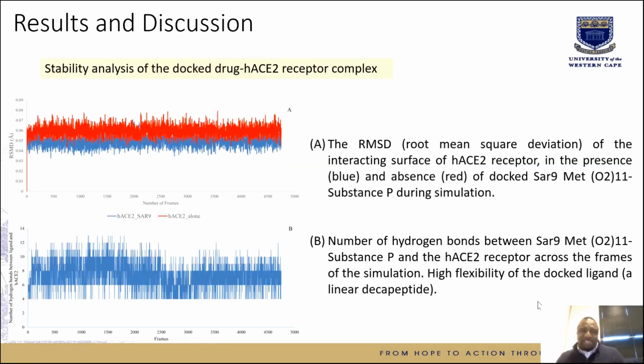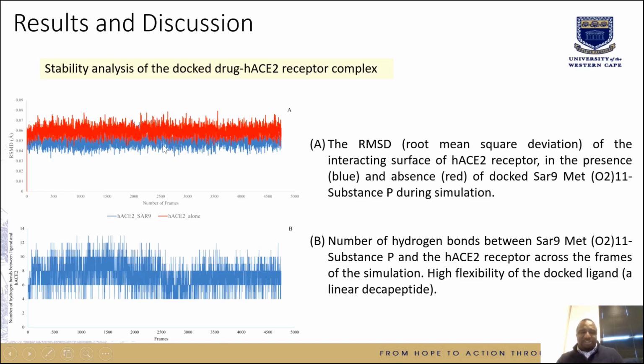So assessing the stability of that docked drug on HACE2, we ran a molecular dynamics simulation, and what we observe, if you look at the RMSD plot against the number of frames that we did for the simulation, what we saw was that in blue is the HACE2 complex to the drug, and in red is the HACE2 alone.